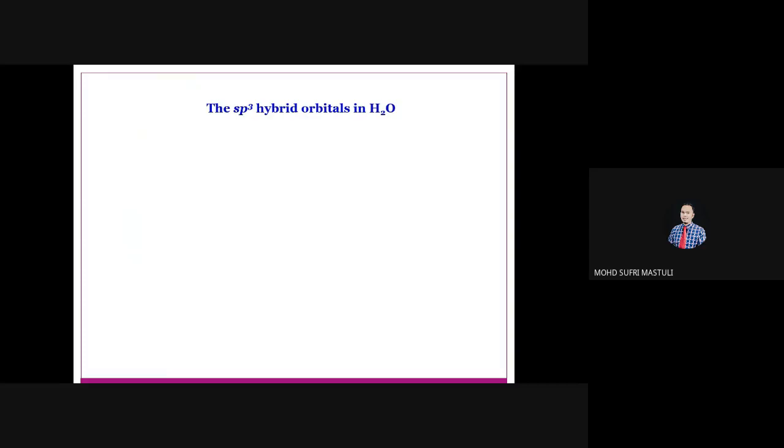Another example of sp3 but a different molecule, H2O, water. This is the Lewis structure. We find 2 lone pairs and 2 bonding pairs, so an electron domain of 4.